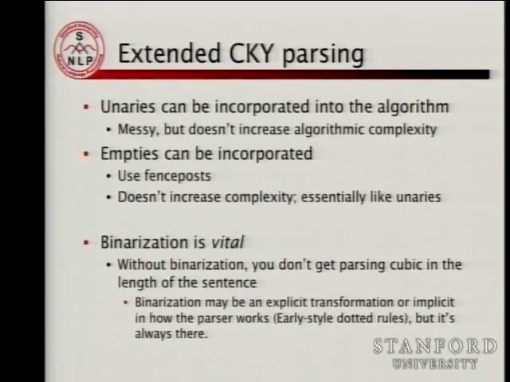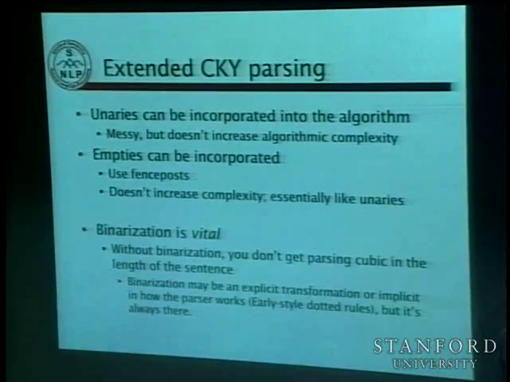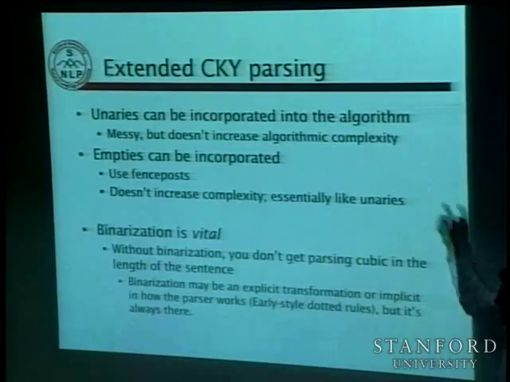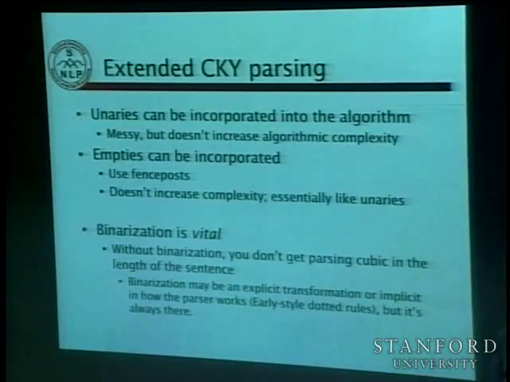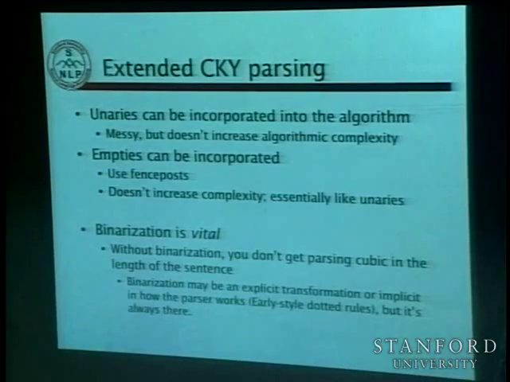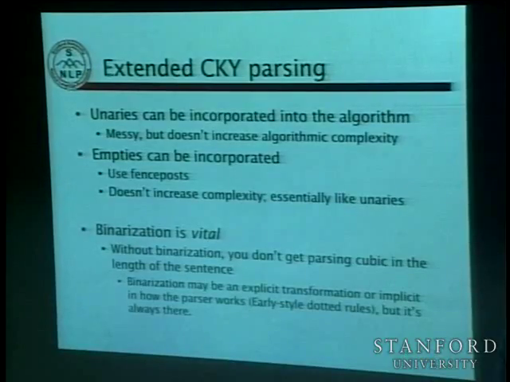But certainly for the assignment, what you should be doing is writing a version of the CKY algorithm that will handle unaries. So the basic principle is you can just add more stuff to the CKY algorithm, which makes it a bit uglier from a theoretical perspective, but is perfectly straightforward to handle unaries and empties. But the thing that you really want to note is binarization of rules, that's really the property that polynomial time parsability depends on.